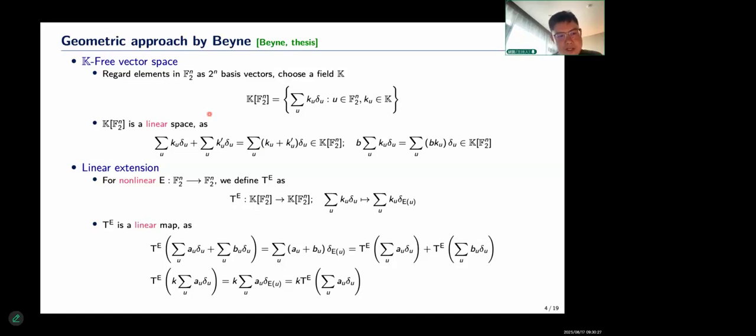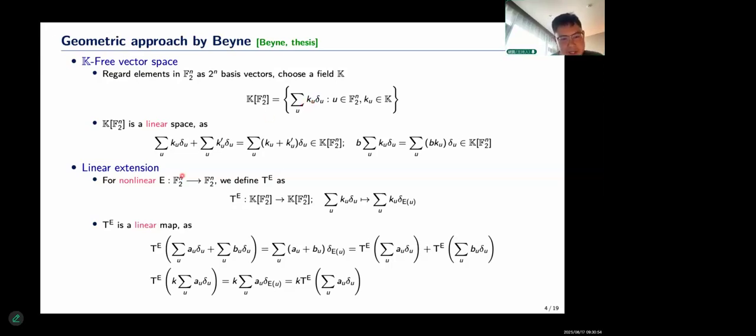Firstly, we can regard all elements in F_2^n as 2^n basis vectors, and after choosing a field K, we can construct a linear basis in this linear space. In this space, an element is a linear combination of all basis vectors derived from F_2^n in this way.